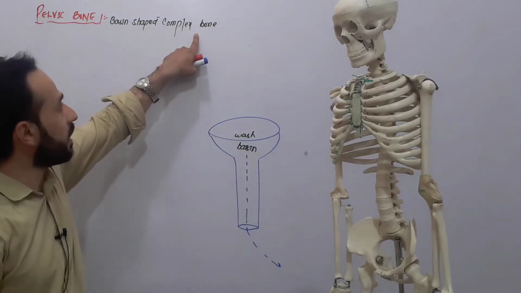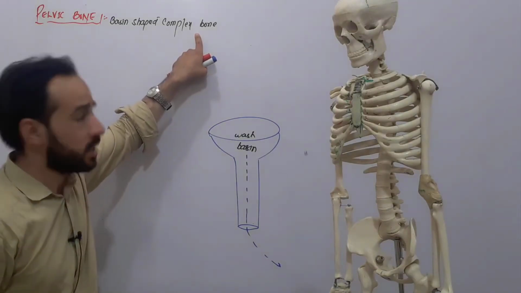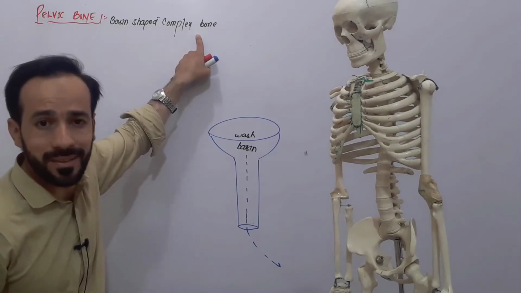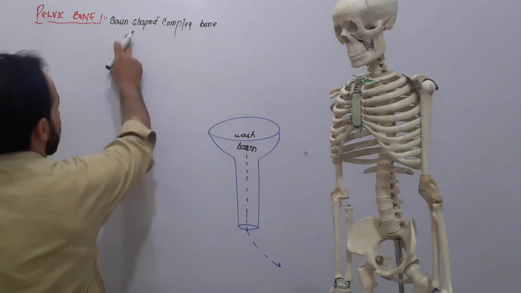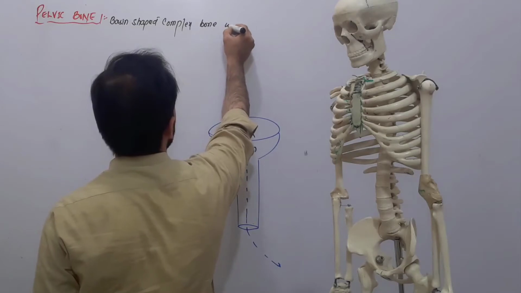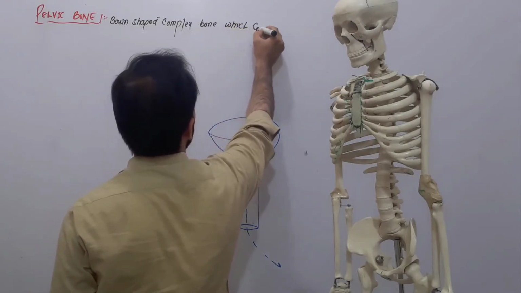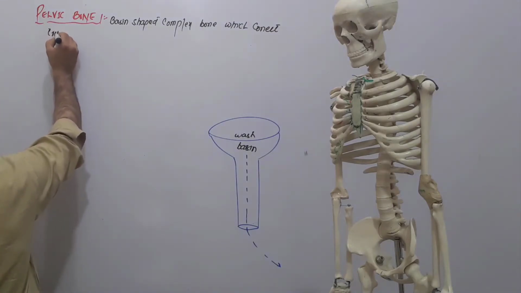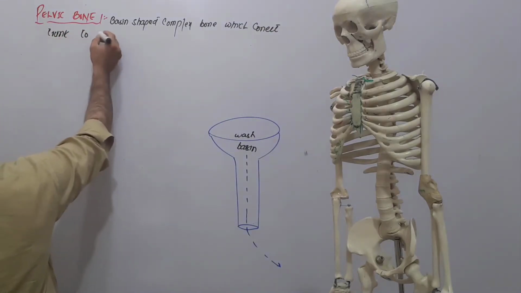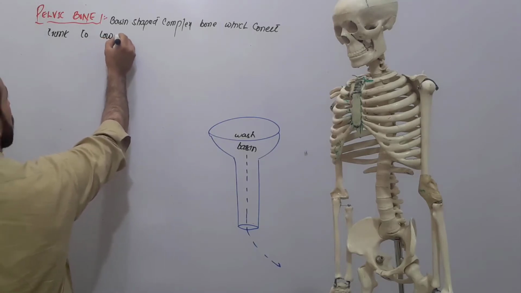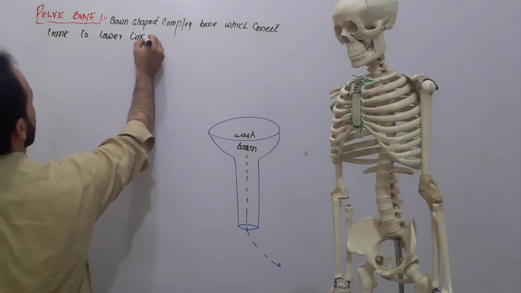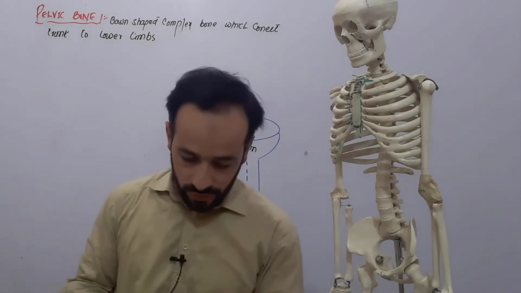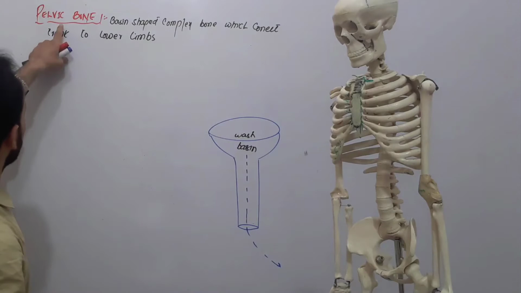Because it has many landmarks, and it is itself made up of three bones. We will discuss those bones later. So it's a basin shaped complex bone which connects the trunk to the lower limbs. We will say lower limbs, we will not say legs. So this is the definition of the pelvic bone.